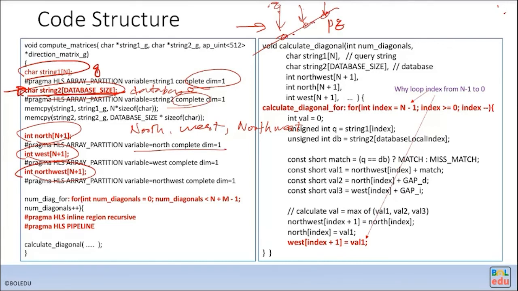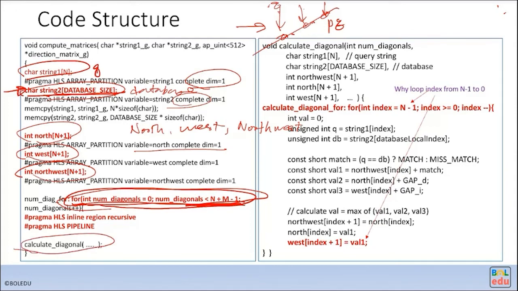And you need that many cycles, so you have a for loop with n plus m minus 1 iterations. Then you call calculate diagonal, and the calculate diagonal is the PE operation, the scan line for each PE.